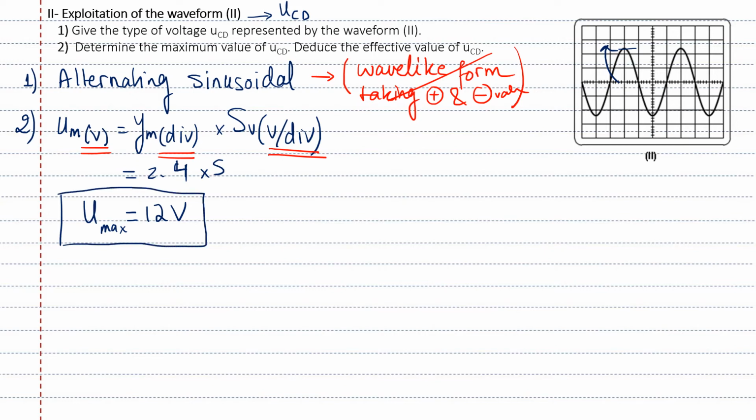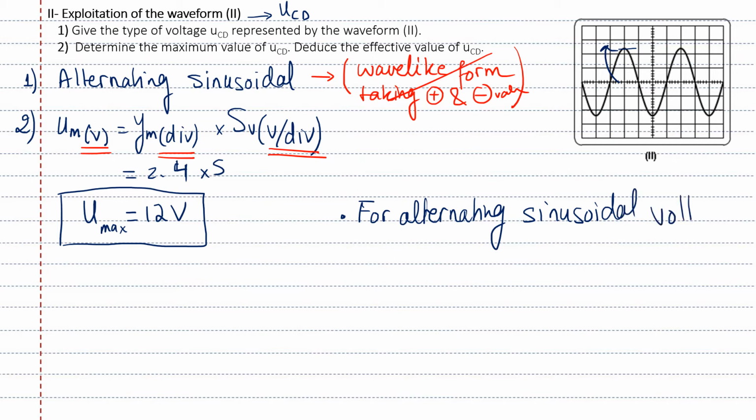A question I always know they're going to ask after Umax, whenever we have sinusoidal voltage, is deducing the effective value. We can go directly to answer the question. For alternating sinusoidal voltage, what do we know?